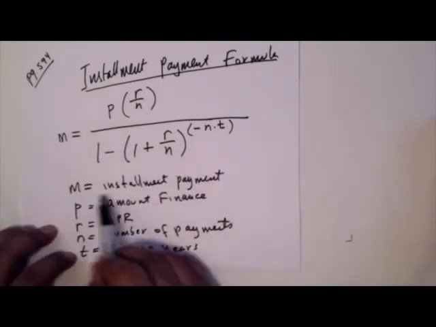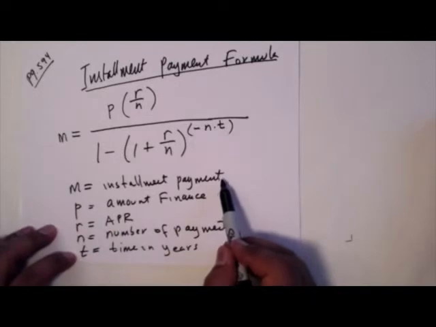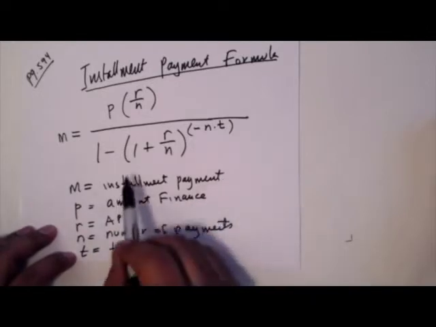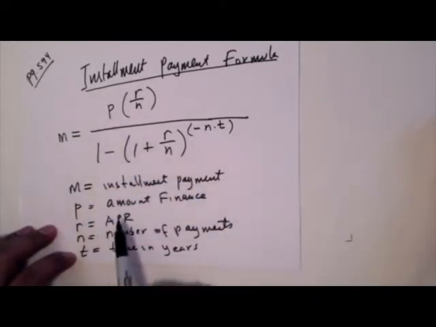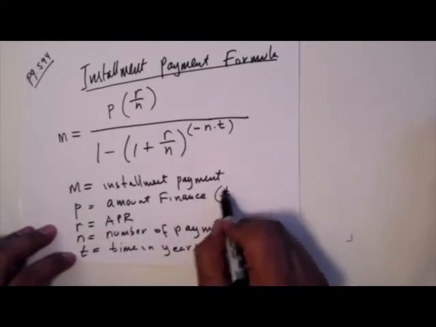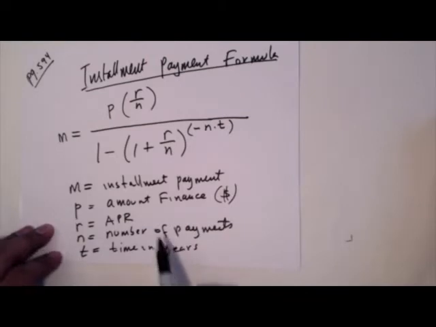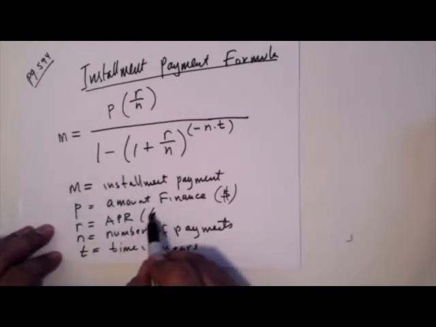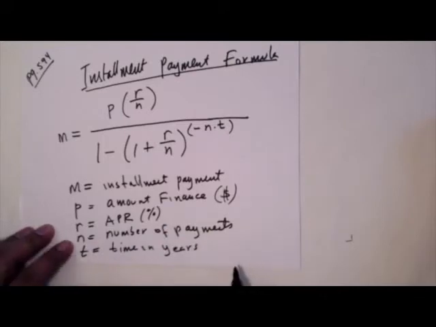M represents the installment payment. P is the amount financed, that would be money right there. Then the rate, APR, and that's given in percentage. Then you have the number of payments. And the last thing that we need to know is the time in years.